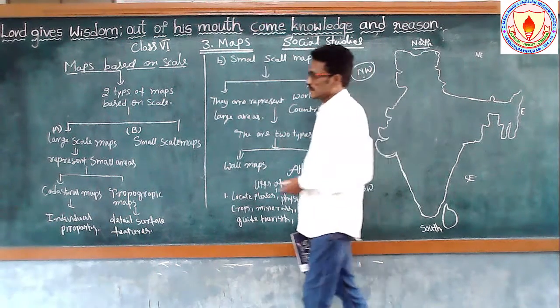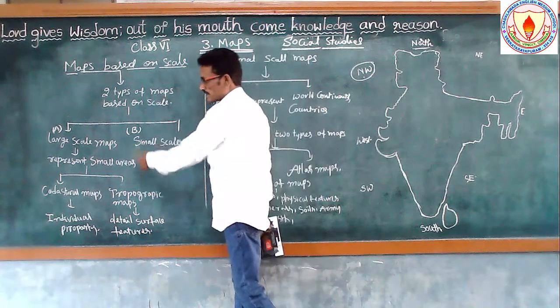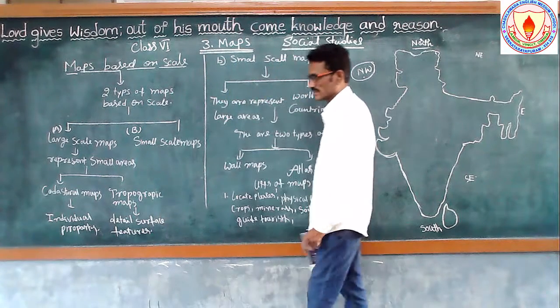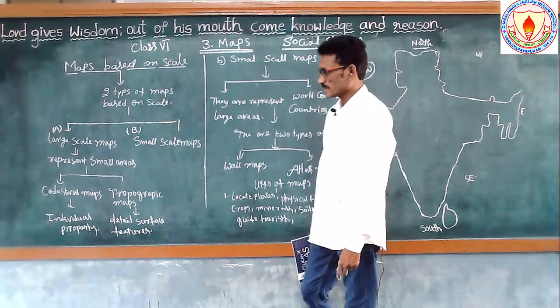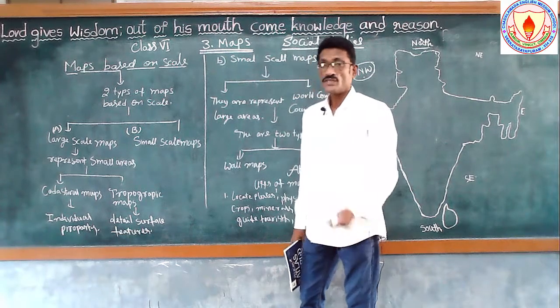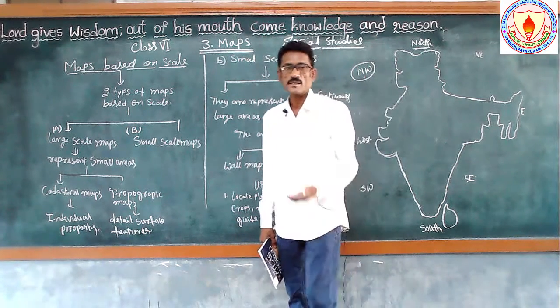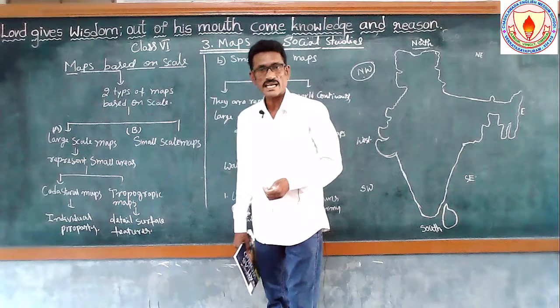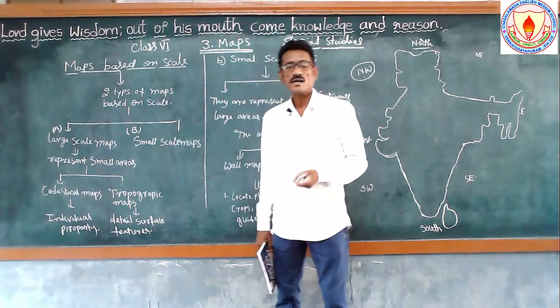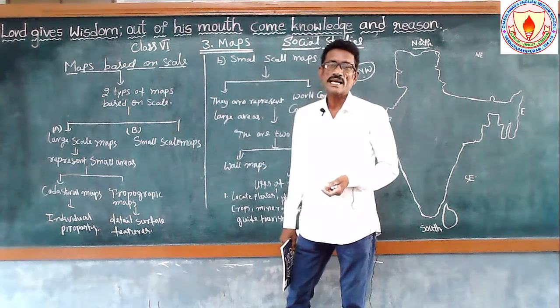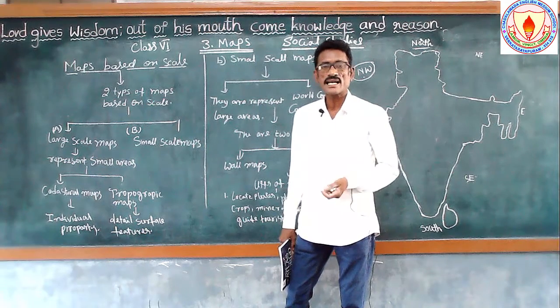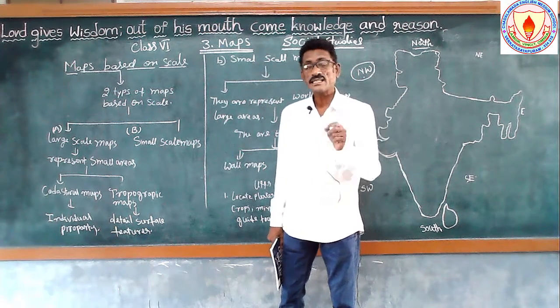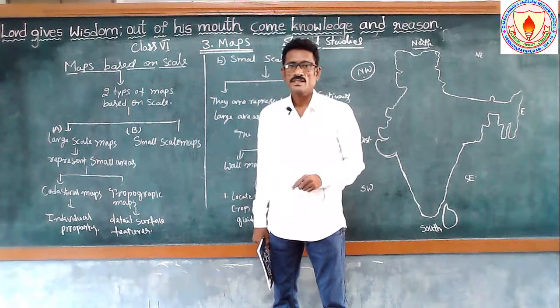The first one, large scale maps, represents small areas. Cadastral maps show individual property. For example, you have 1 acre or 2 acres, or 1 cent or 2 cent or 5 cent land. That is individual property.